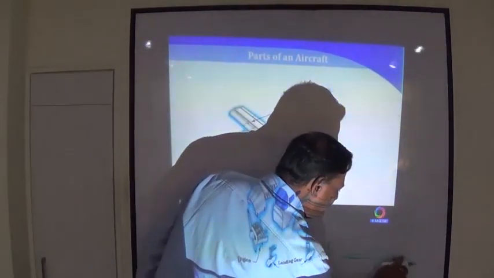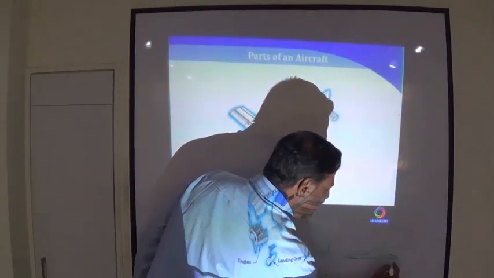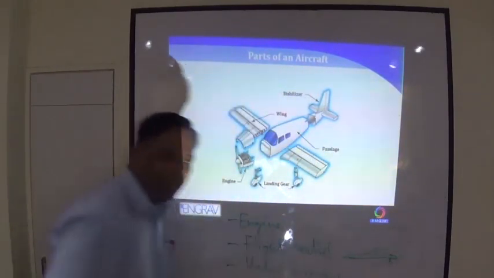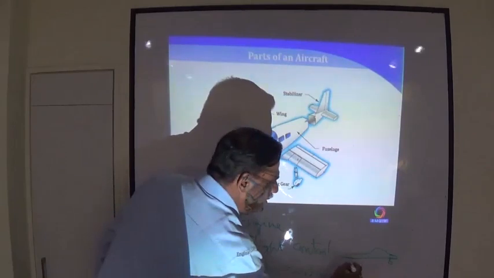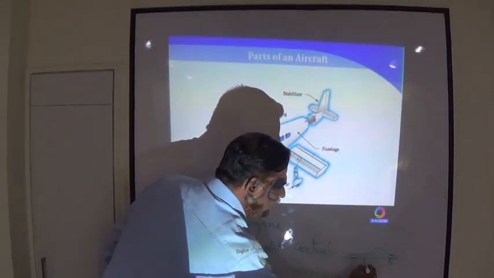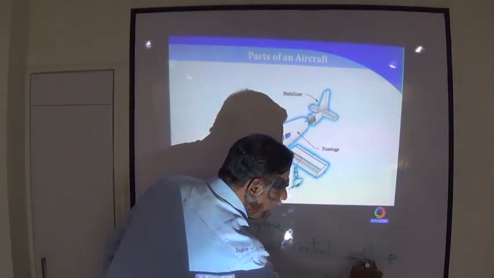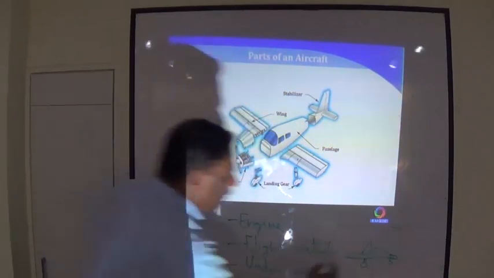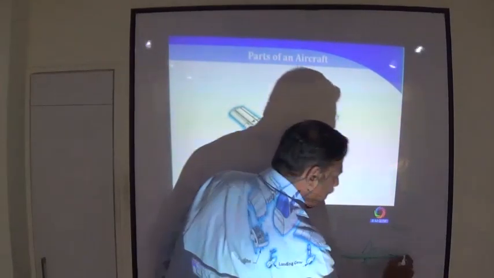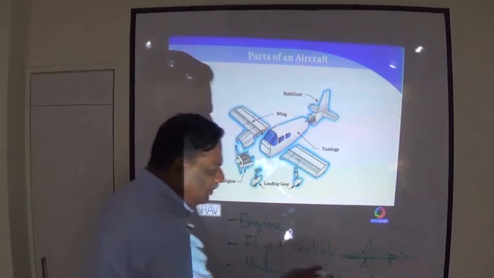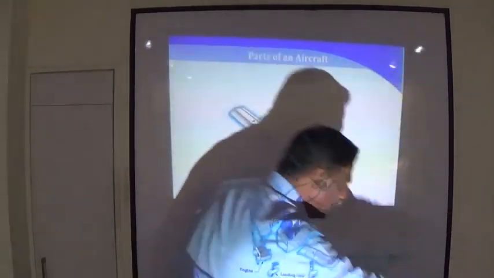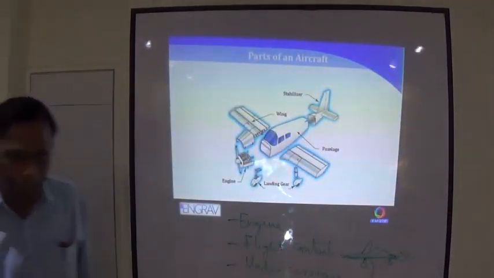So, the nose is a little too big. This is where your nose landing gear is, this is where your main landing gear is, and your wings are here. So when you're flying like this, the aircraft's nose goes up and down. That's called pitching, pitch motion.